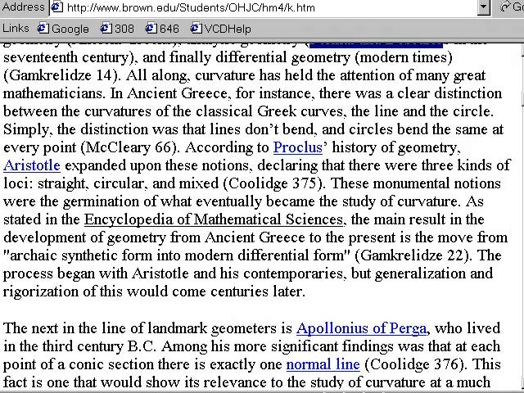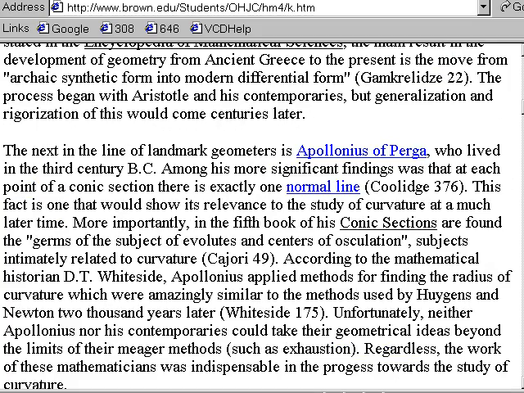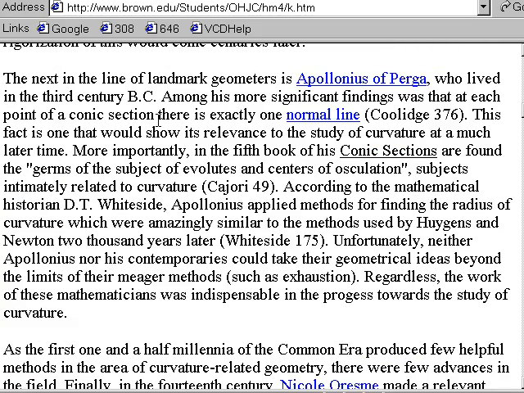And then there was the algebraic analytic geometry inside there. So curvature has been a constant thread through each of them. So if you look down here, it gives a quote from Aristotle in Proclus's History of Geometry that there were 3 kinds of loci: curves, straight curves, circular, and mixed.